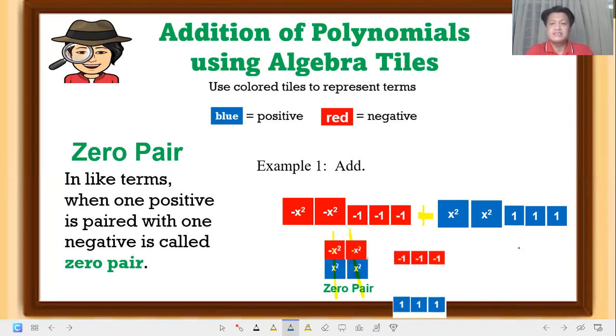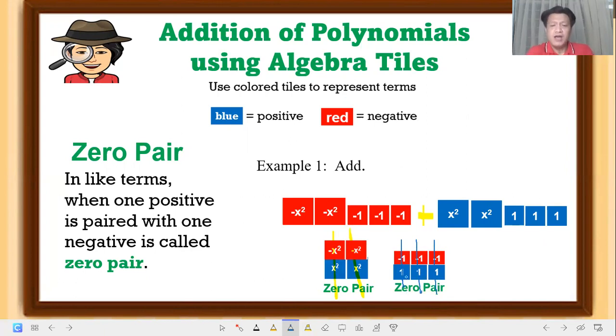And then you are going to pair one at a time. Ito, partner, partner, partner. Since wala pong natira dito sa ating x square na negative tsaka positive na tiles, dito rin ay walang natira sa constant term natin. Okay, so yun yung tinatawag natin zero pair kasi wala pong natira.